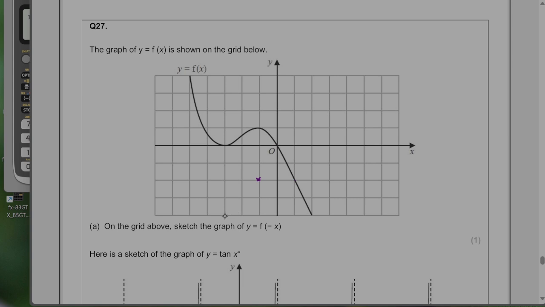So what it actually creates is a reflection in the y-axis. But we'll put in the x values that we know, so that's 2, 4, 5, 2, 4, 5. So we just need to try and copy that as best we can.